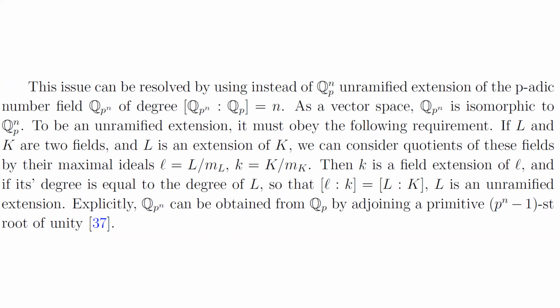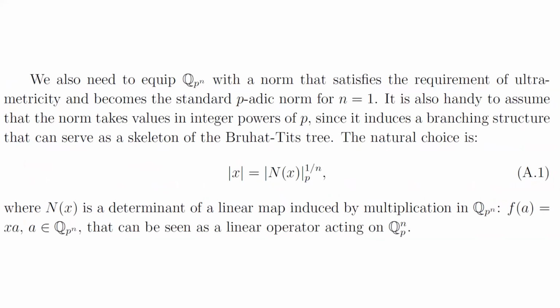It's one of the ways it can be constructed. Its definition is quite formal, so I would like not to stop on it. And of course, one can define some norm on the unramified extension using just the ordinary p-adic norm, and it's given by just the power 1 over n of the p-adic norm, which corresponds to the canonical p-adic norm, and N is the determinant of the linear map induced by multiplication, related to n products of p-adic spaces.